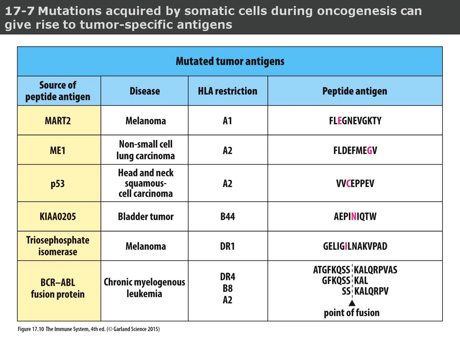Bladder tumors present mutations in KIAA205. In chronic myelogenous leukemia, the BCR-ABL fusion protein creates a novel peptide recognized by the immune system. Each mutated antigen is presented by specific HLA molecules, which determines how tumor cells are detected by cytotoxic T cells.